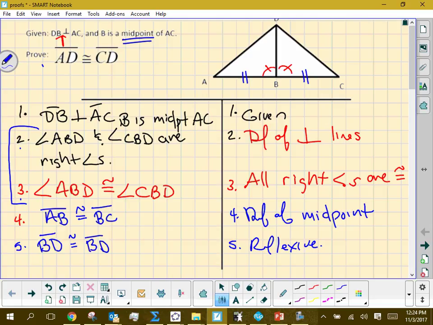The other way to show segments congruent is through the segment addition postulate and doing some algebra with segments, and that's somewhat troublesome sometimes, so we won't see that until maybe next week. But right now, the only way you're going to do it is reflexive property or midpoint.